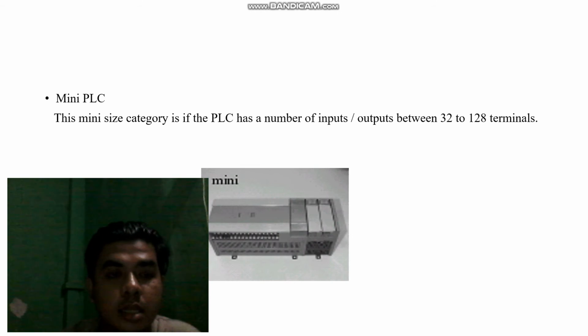Next, mini PLC. This mini size category is if the PLC has a number of inputs or outputs between 32 to 112.